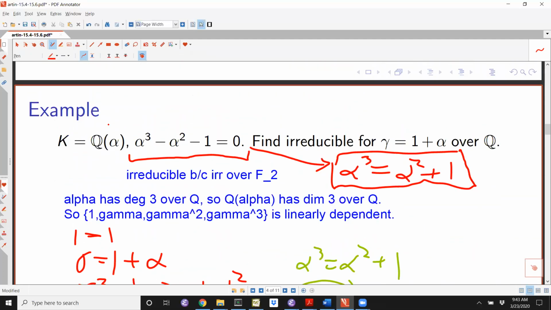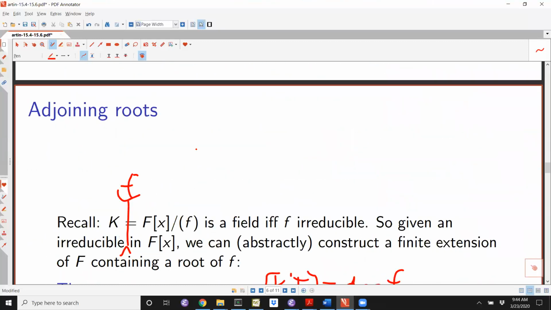For example, when you look at our previous example where we're finding the irreducible polynomial of some element gamma, what's happening is this field K is Q adjoining a root of... actually, let me repeat that.